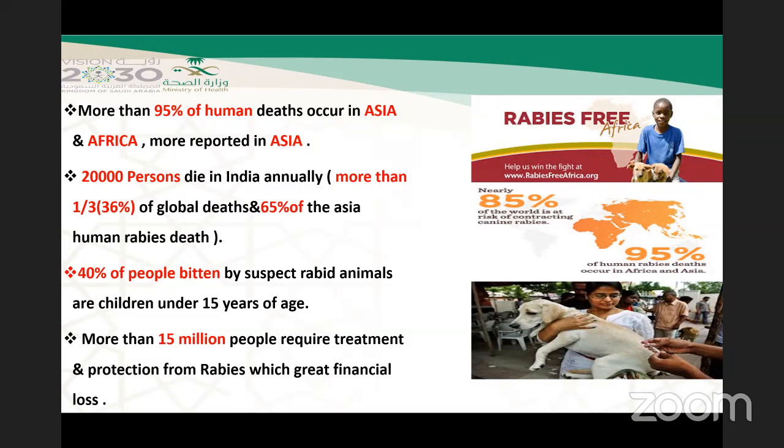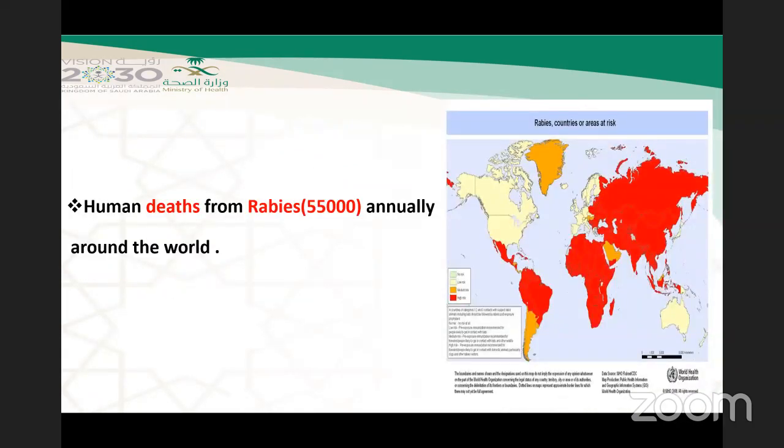Saudi Arabia here is similar to Asia. This graphic shows the distribution of animal bites according to each group and according to the kind of animals.